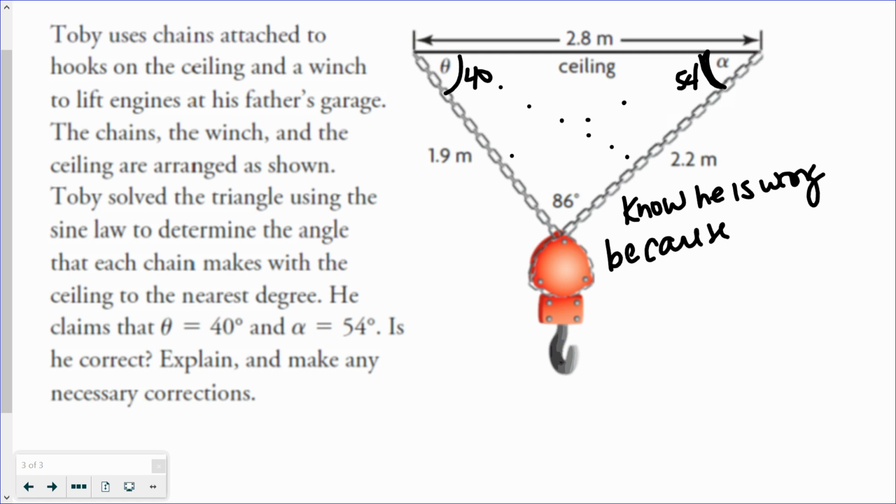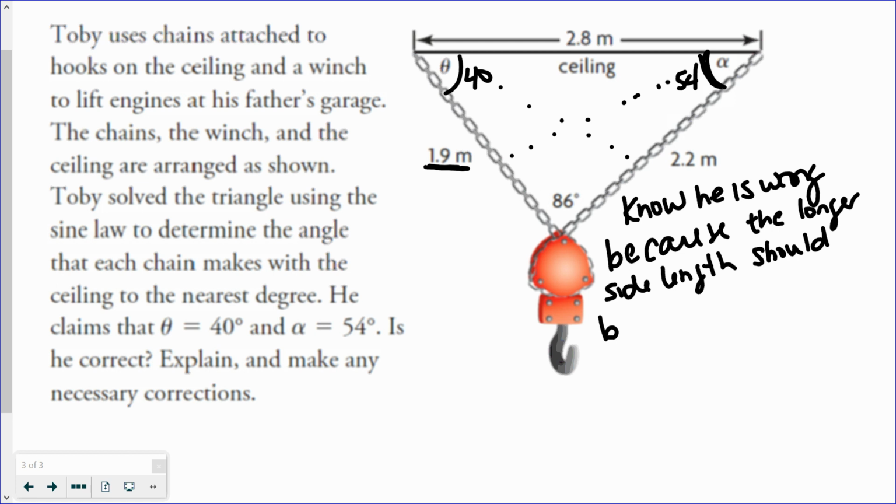So we know that he is wrong because this is the bigger angle, so it shouldn't be the shorter side length. We know he's wrong because the longer side length should be across from the bigger angle.